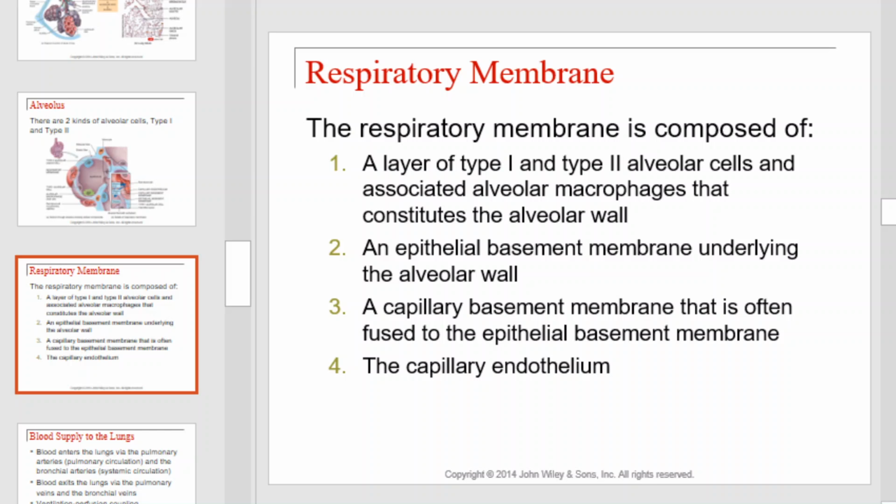The respiratory membrane is composed of a layer of type 1 and type 2 alveolar cells and associated alveolar macrophage that constitutes the alveolar wall, an epithelial basement membrane underlying the alveolar wall, a capillary basement membrane that is often fused to the epithelial basement membrane, and the capillary endothelium.